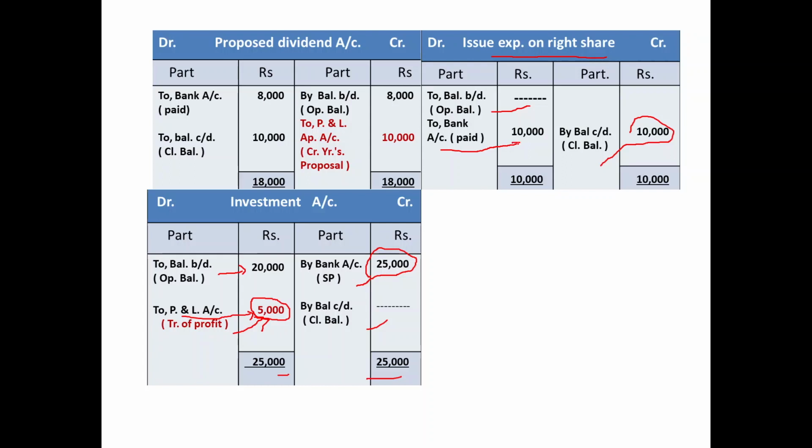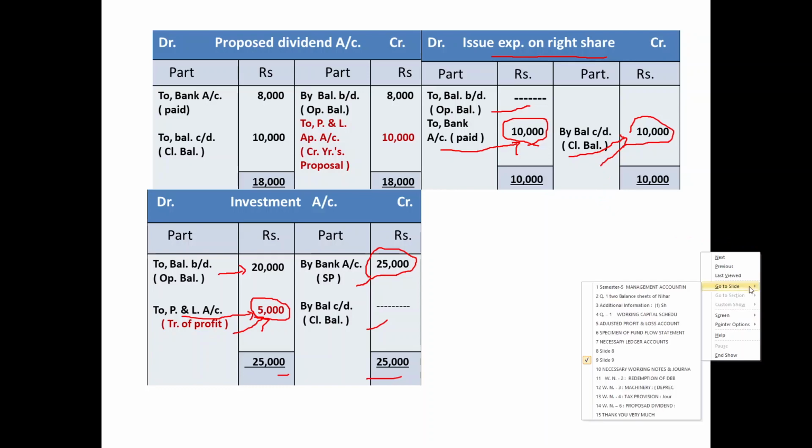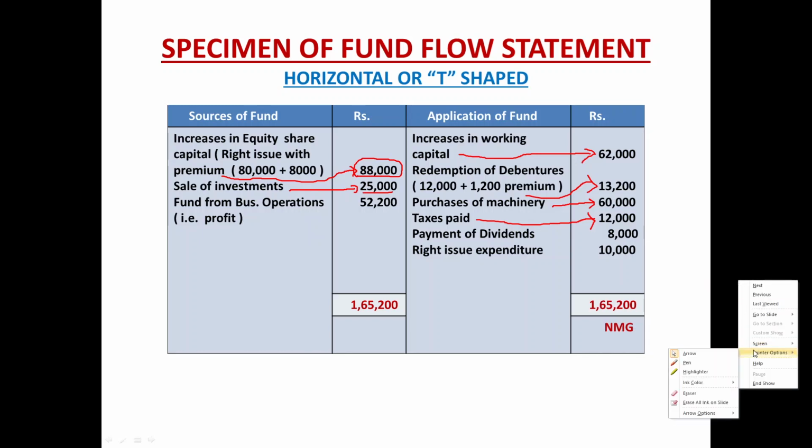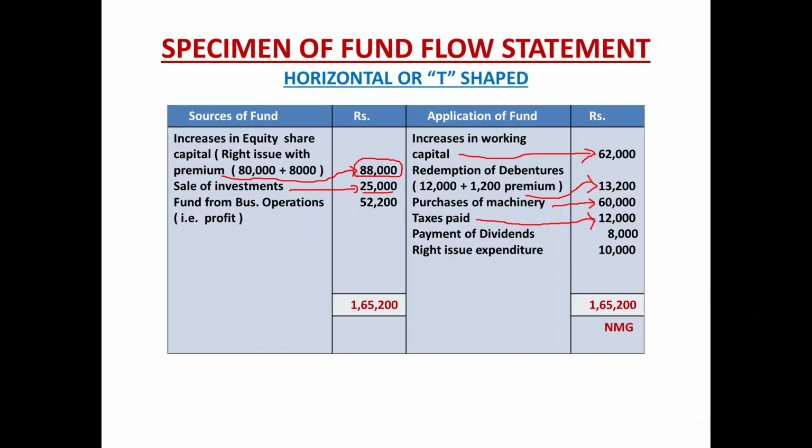As we noted the journal entry, right issue expenditure account debit to bank account credit, and that is why closing balance is there 10,000. So an expenditure has been incurred, bank credited, so obviously it indicates the application of fund. So let us report it in the fund flow statement. Right issue expenditure 10,000 application of fund.